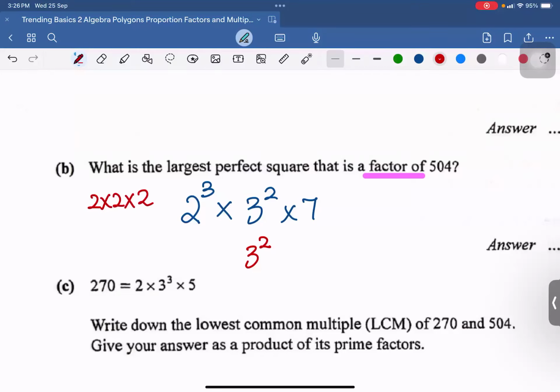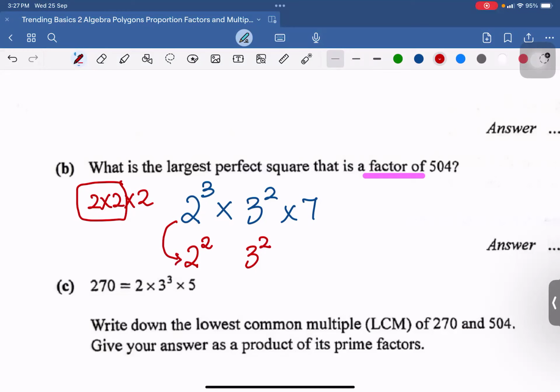Instead of taking out the whole of 2 cube, I take out 2 square. Is it also a perfect square? Yes, right? So this number 4 is also a factor of 504. 504 divided by 4, got answer what? Yeah, 126. So I can extract out from this one, the 2 cube.